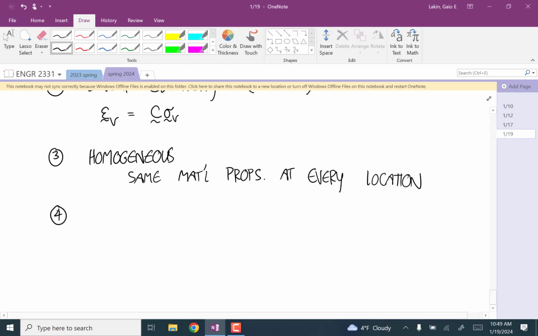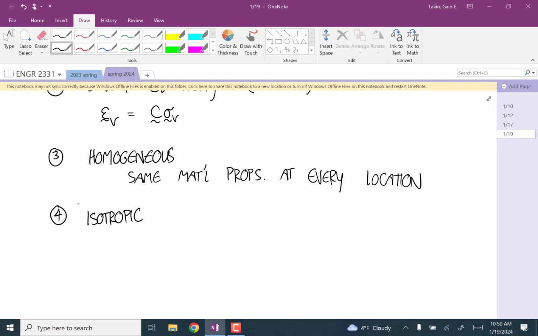Yes, correct. And then the last thing is isotropic. Sometimes it's a little hard to keep these two straight. Homogeneous is comparing 2 points. Isotropic is saying a single point is the same no matter what direction you look in.